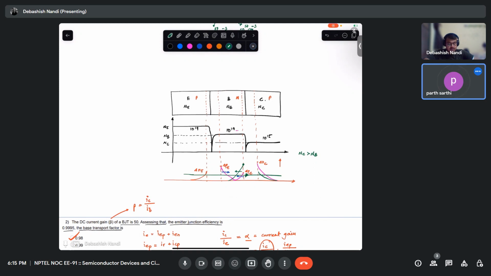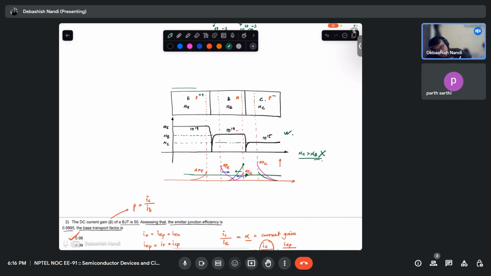So generally this is not correct. You remember this will be your correct profile. You generally mention it as P plus plus, N plus, P. Or you can write P plus plus, N, and P minus.